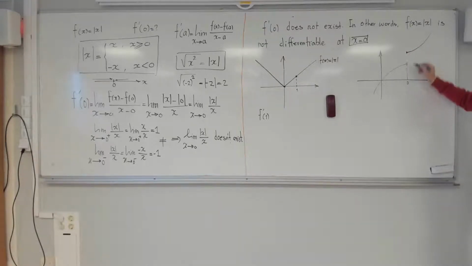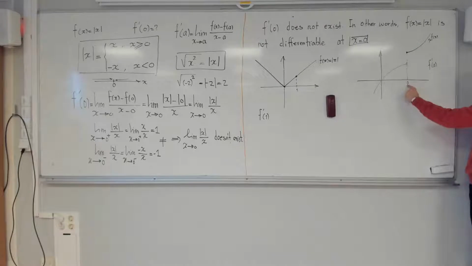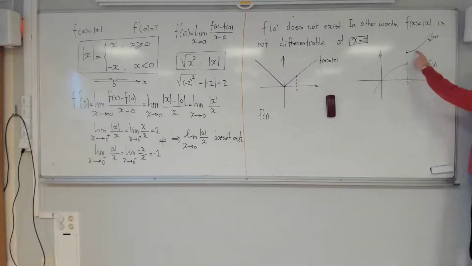For example, if this point is A, and this is the graph of f of x, if I ask you what is f prime at A, you would say this does not exist, because exactly at that point the graph is breaking into two pieces. This is called a discontinuous function. The function is discontinuous at the point.